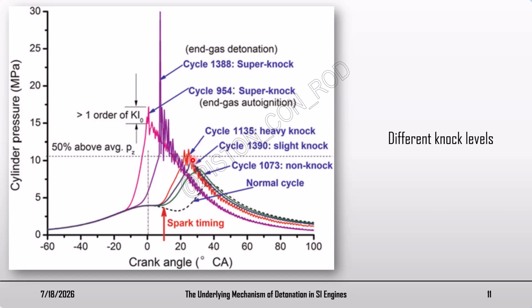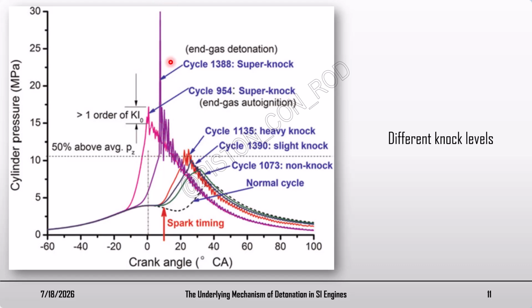As we go up, the intensity of the knock goes higher. We have heavy knock here with much higher oscillations, and these two scenarios are probably resulting from pre-ignition and resulting into detonation or super knock.